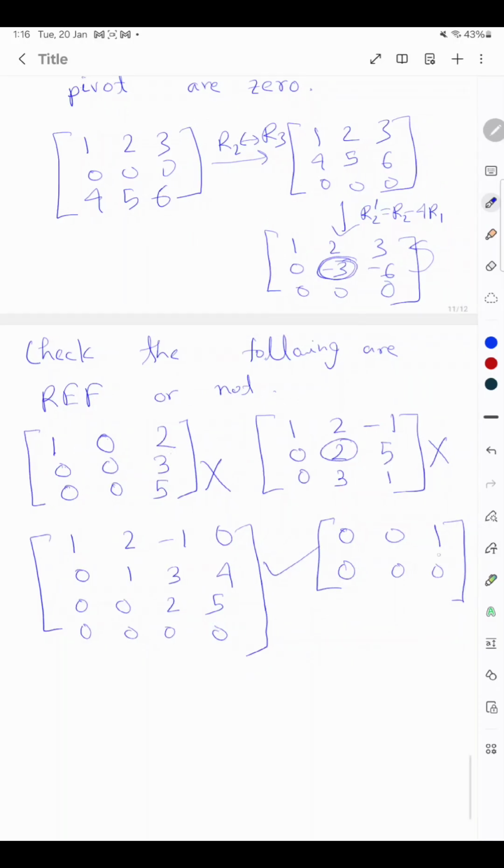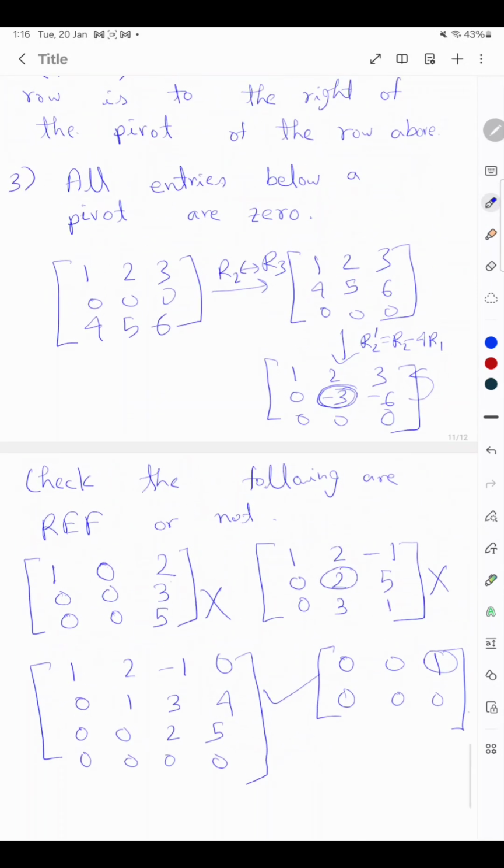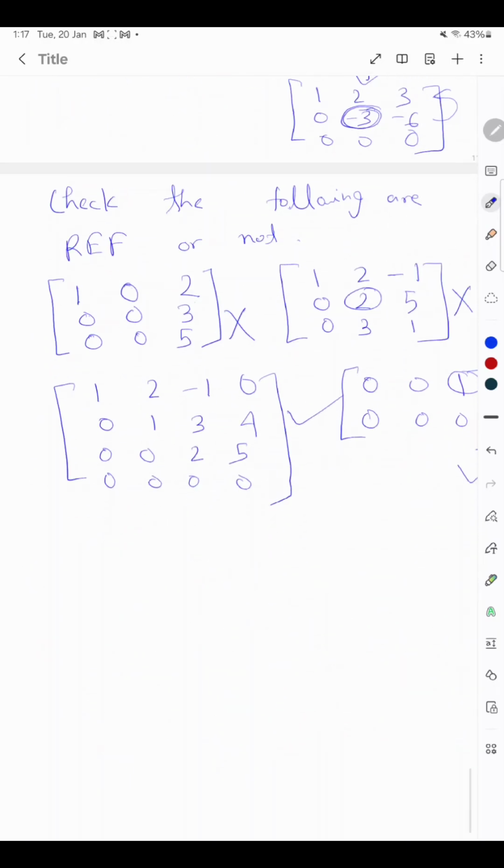For this one, this is your pivot, only one pivot element, so there is nothing to check, and the third property is satisfied. So this is also REF. In this way you have to check.